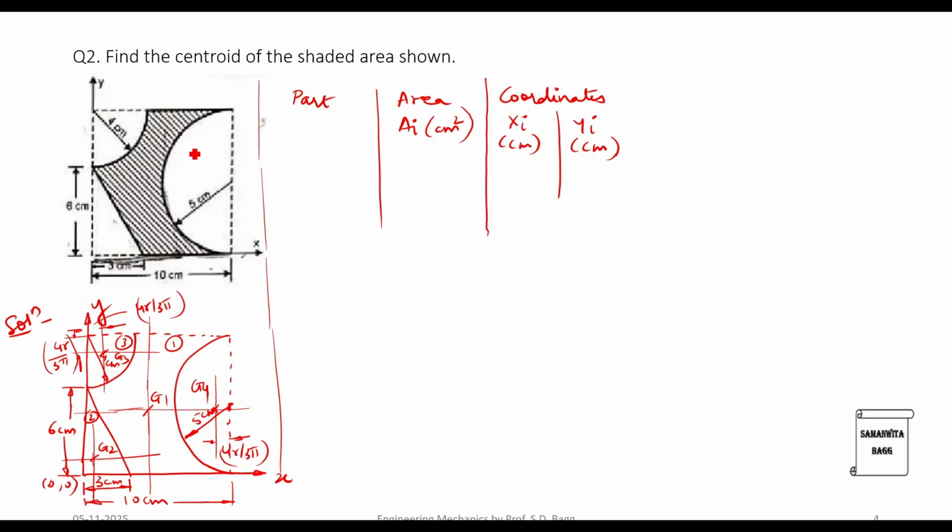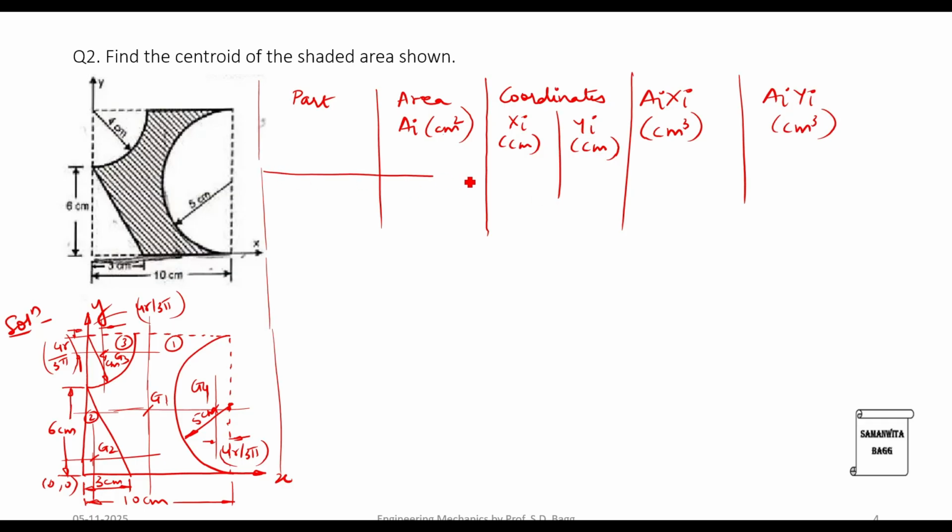You should take up the units from this diagram itself. Then we have the next column as A i x i, unit is centimeter square into centimeter, so it is centimeter cube. And we have A i y i, which is also in centimeter cube. So this becomes my table.